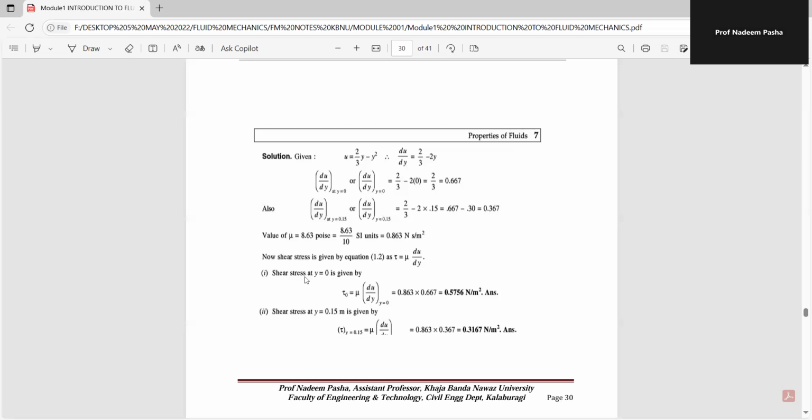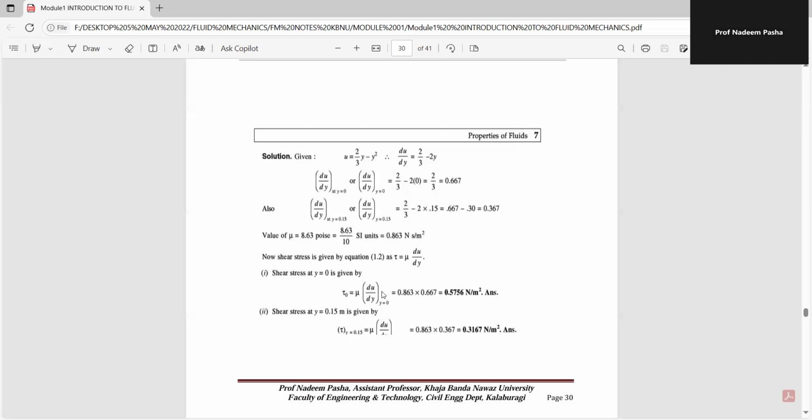In the first case, shear stress at y equal to 0 is given by tau 0 is equal to mu du/dy at y equal to 0. Mu is 0.863, and du/dy at y equal to 0, just now calculated, is 0.667. So the answer comes out to be 0.5756 Newton per meter square.